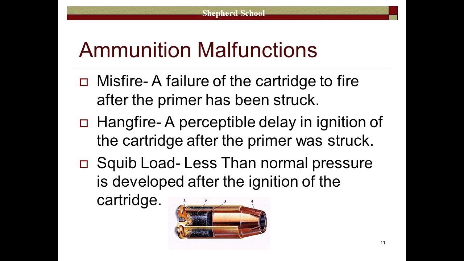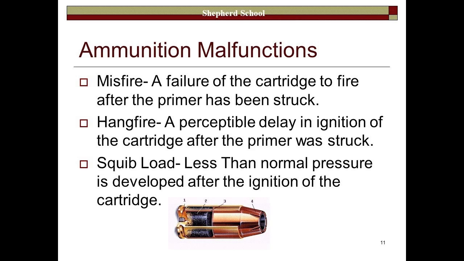Generally, ammunition that you buy from a reputable manufacturer isn't going to have a lot of malfunctions, but it is possible. So it's pretty important. We did a whole video on ammunition malfunctions, but basically you have misfires, hang fires, and squib loads. Misfire means you pulled the trigger, the round was struck by the firing pin, but it did not go off.